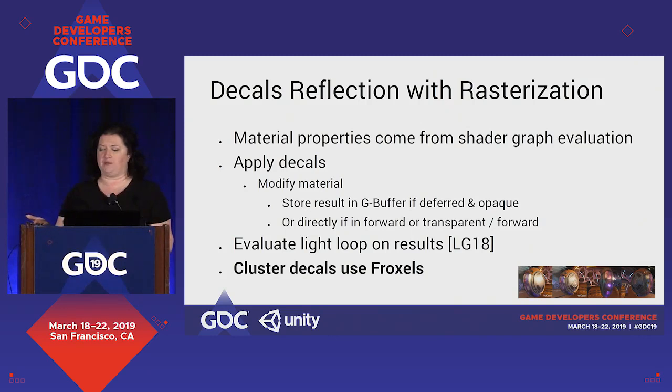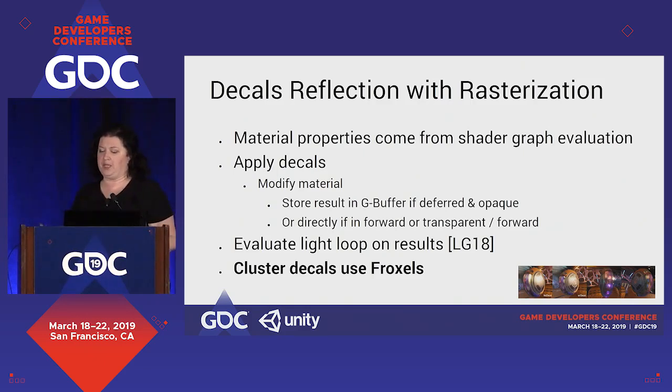And of course, artists evaluate properties from the shader graph. In HDRP, we apply decals, if they're opaque, by just rendering them as the DBuffer decals. And for transparent decals, we do a cluster approach. This actually modifies the appearance of the objects directly in the GBuffer for deferred or opaque, and alternatively, in our forward pass, it will modify it as part of the shader evaluation.